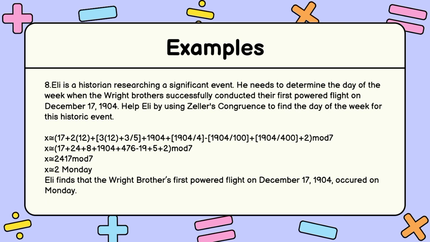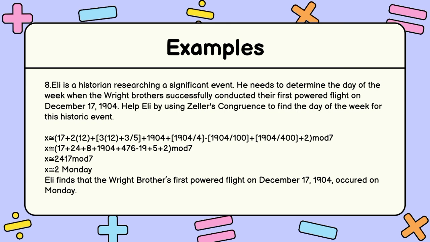So again, analyze the problem and identify the day, month, and year. The day is 17 and the month is December. December is equivalent to 12, and the year is 1904.